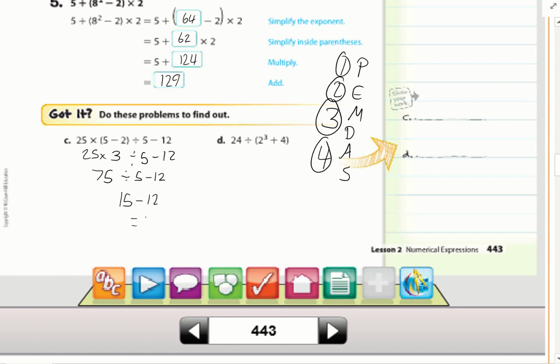Minus 12 equals 3. I'm going to do parentheses first. So 24 divided by this, 2 times 2 times 2 is 8. So I have 24 divided by 12, because I'm doing parentheses first. Now, 24 divided by 12 is going to equal 2.